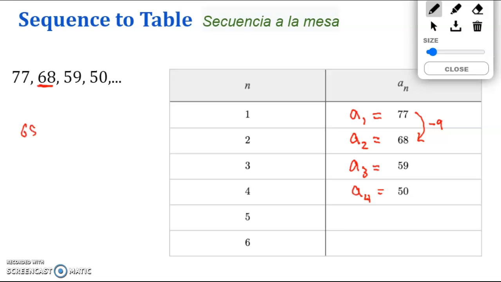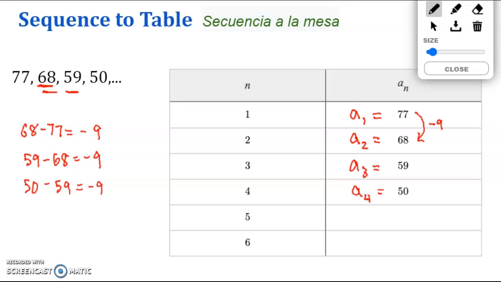So it's going to be 68 minus 77 is negative 9. And I get this number 59, take away its previous, that's 68. So 59 take away 68 is negative 9. And the last, 50 take away its previous, which is 59, and that is also negative 9.